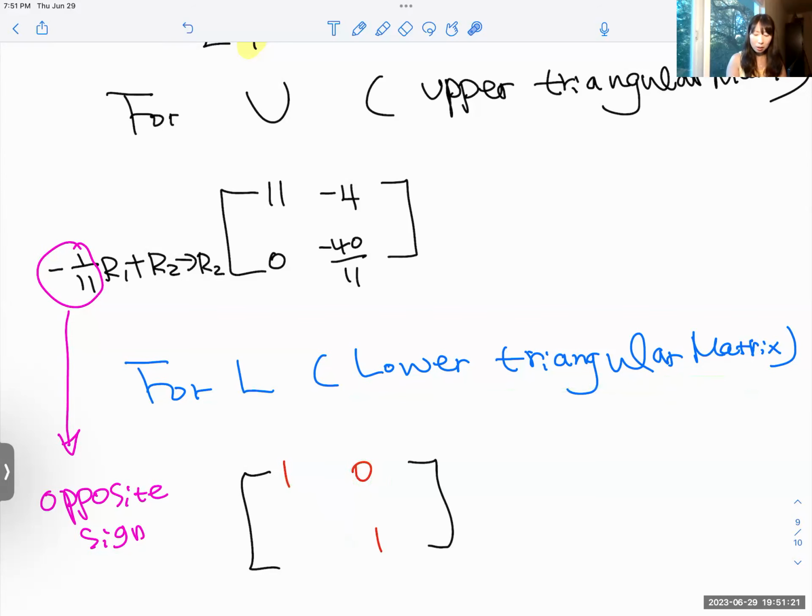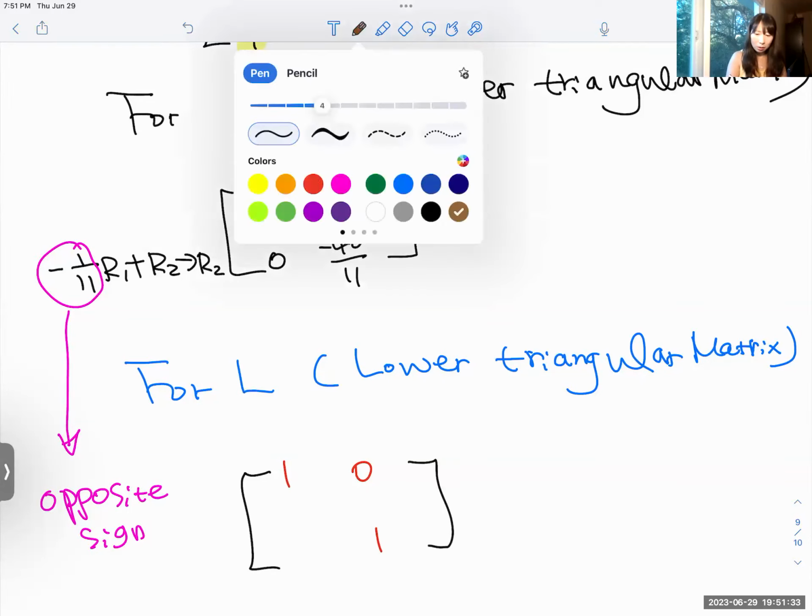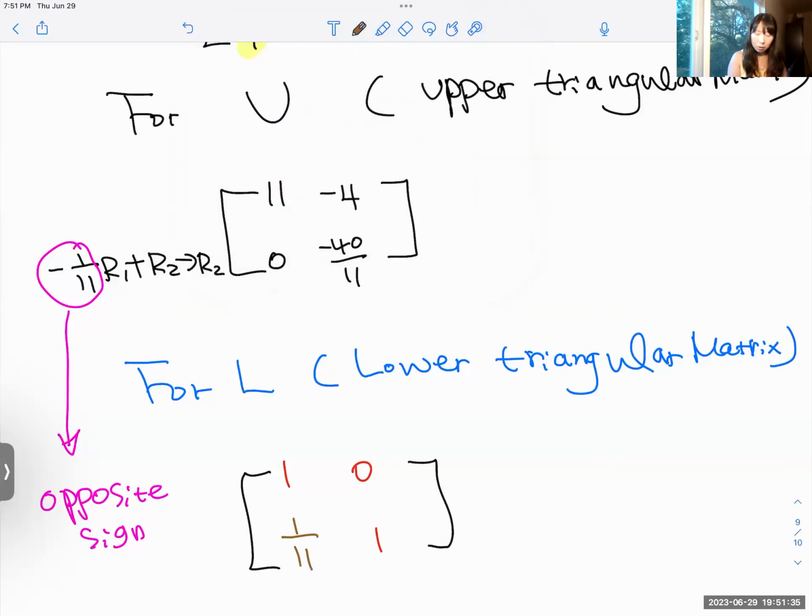And for this entry, we use the same number but with the opposite sign, so that will be 1/11.